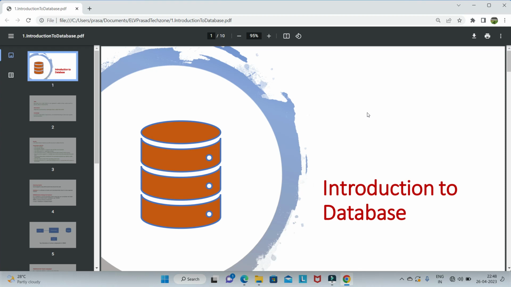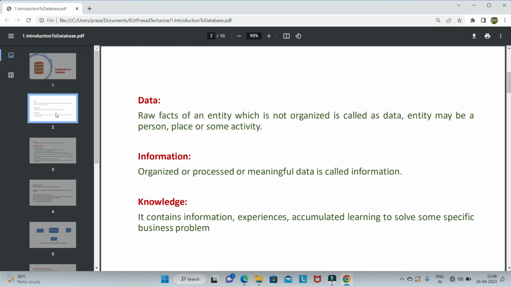So before the database, actually we should be aware of data, information and knowledge. Actually, these are the very important things in discussing the data. So data is raw facts of an entity which is not in organized format. An entity may be a person or a place or some activity.